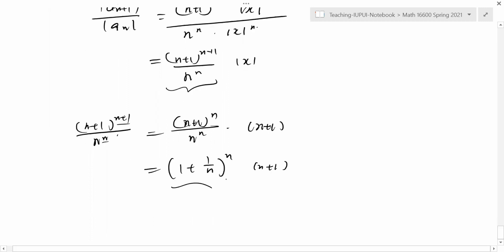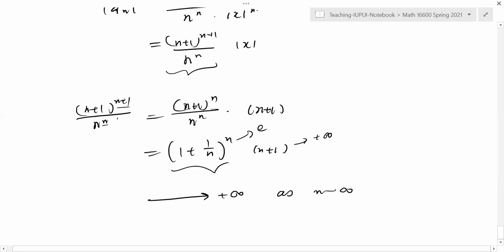Then you realize that one limit is going to be e, and the other limit is going to be infinity. So the product approaches infinity as n goes to infinity. If you can write it like this, I can say, great, good job. So the limit of this coefficient is infinity. But clearly you have to do more work than the previous method.